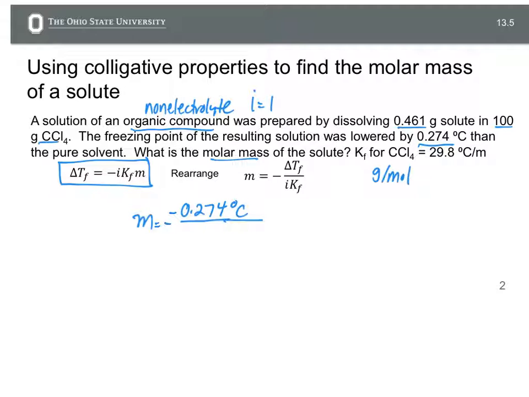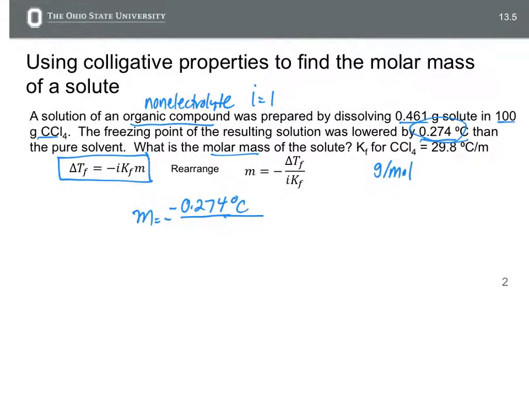Okay, so we're doing freezing point depression, so the temperature goes down. We have to recognize that that is a negative. All right. i is 1 in our denominator, and then K_F for carbon tetrachloride is 29.8 degrees Celsius per molal.